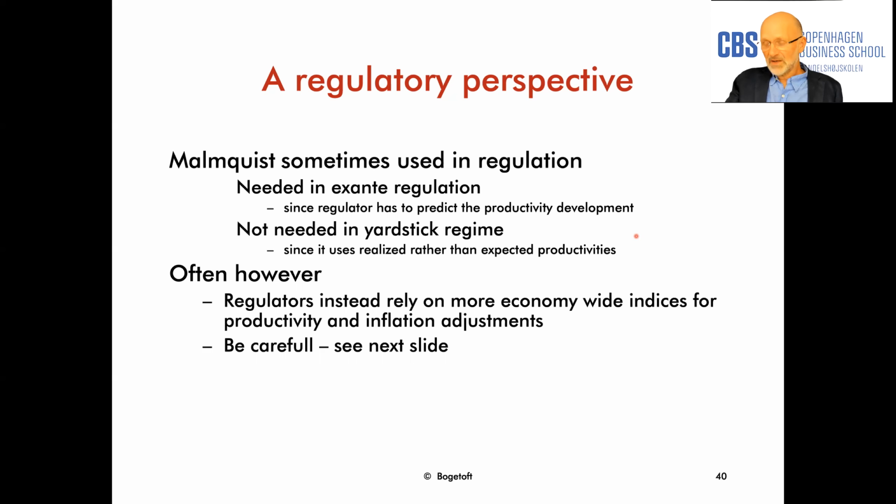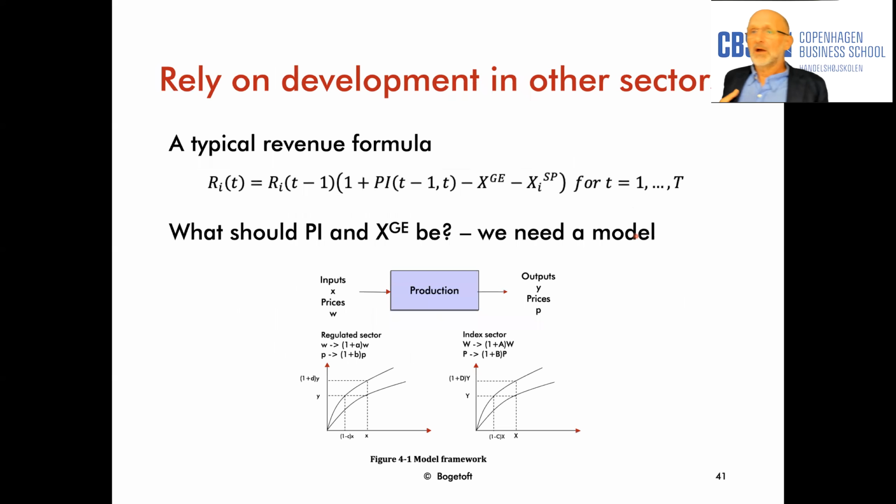But let me explain briefly what a lot of regulators are doing. So we have again the classical revenue cap formula up here. My revenue at time t is equal to my revenue at time t minus 1, and then I multiply with the price index because there'll be some inflation.